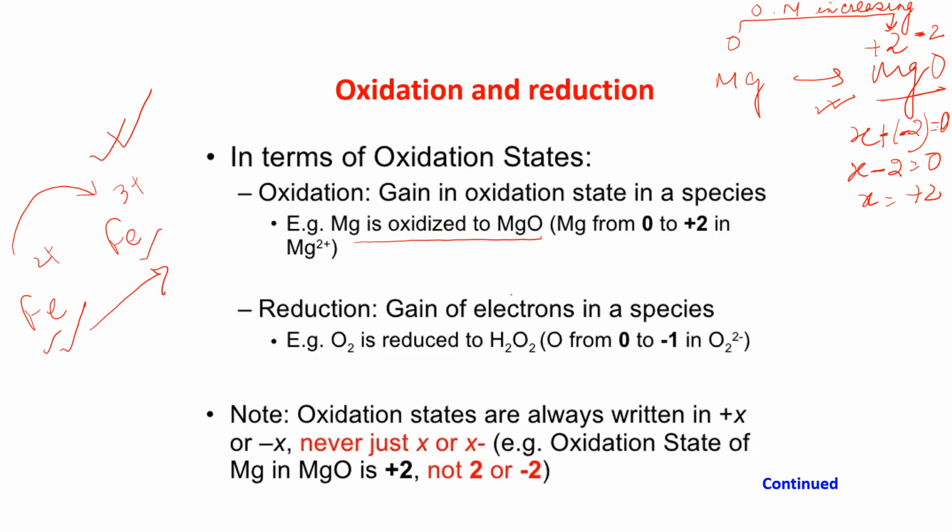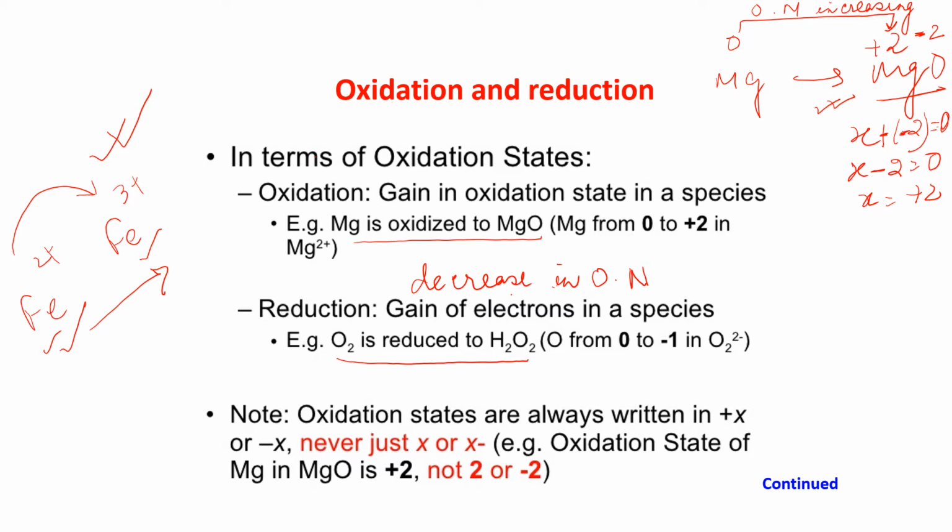Okay. Similarly, reduction is gain of electron, or you can write here decrease in oxidation number is known as reduction. Now here the example is given: O2 is reduced to H2O2.